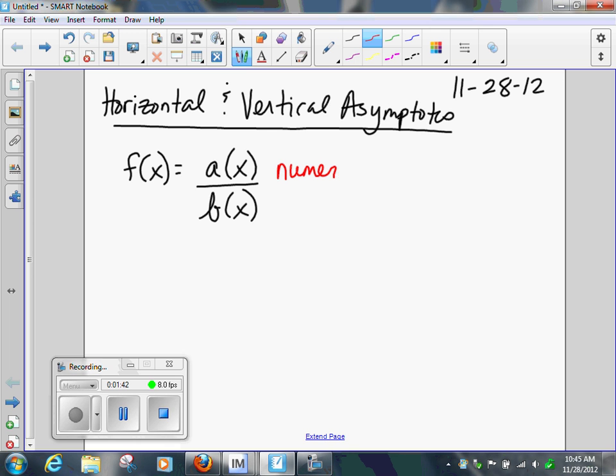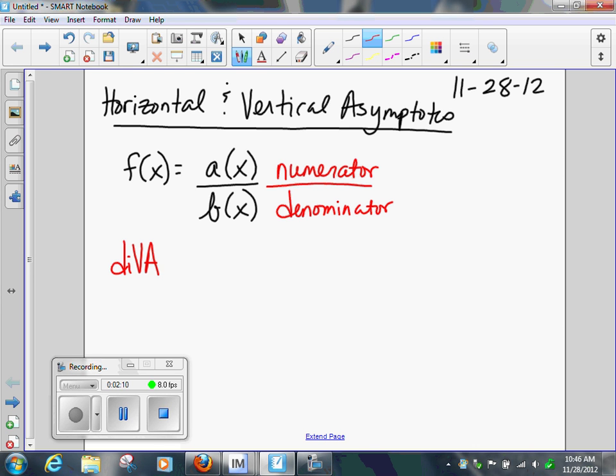Numerator over denominator. To find the zeros, we know from yesterday, my crazy thing for me to remember, diva to me means what?